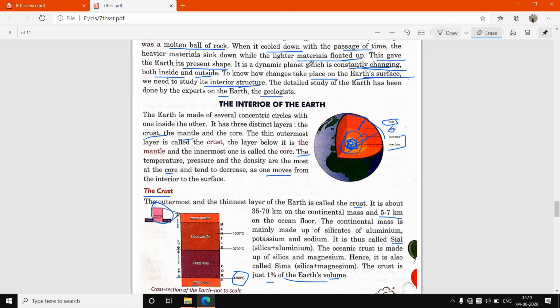You have to write from Interior of the Earth; inside it, you have to write from here to here. Okay, understand. Now in the crust, you have to write from here to here and also learn all these things.